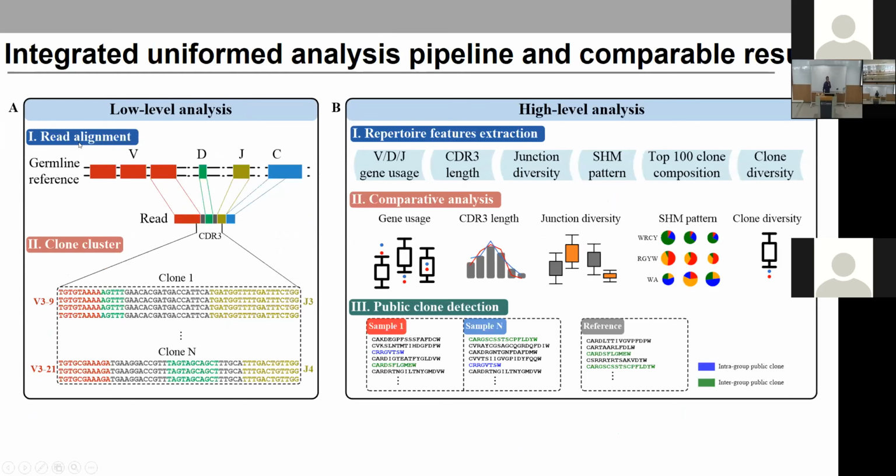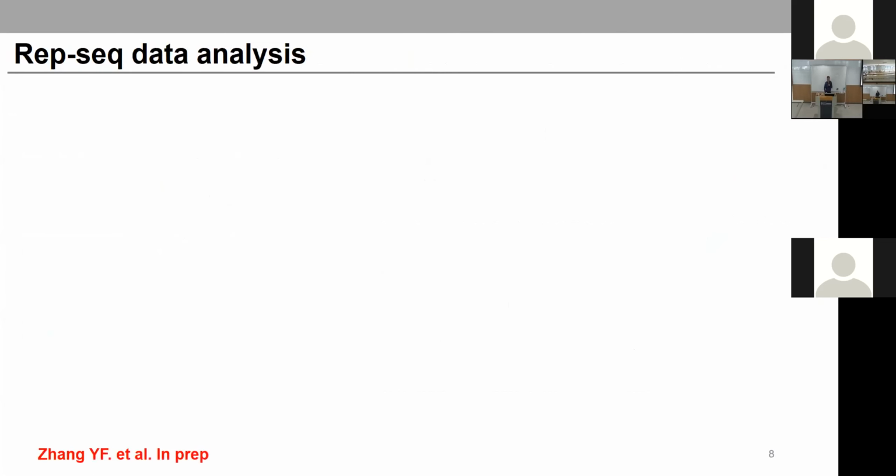We do the VDJ assignment, we do clone type analysis, and then we can compare across whatever you want to compare. And within this data set, we got public clones and marked and annotated them.